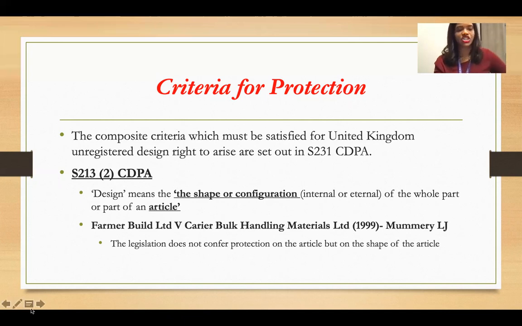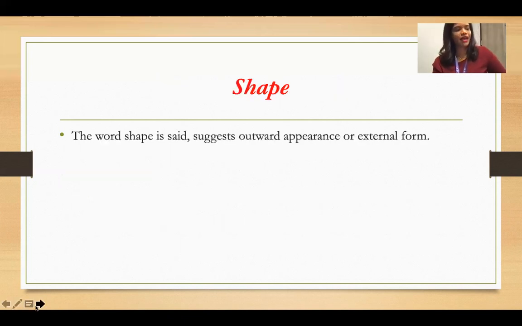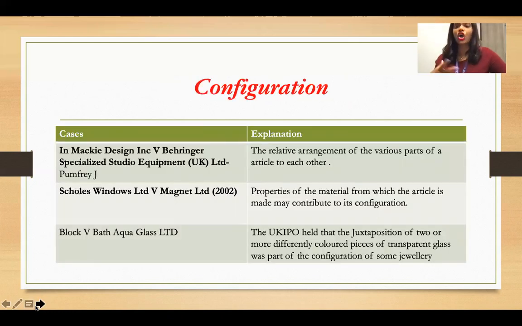And when we look at shape, it is anything that is external. When we talk about configuration, what is configuration all about? Configuration is all about how you have arranged everything into a pattern. You have various parts of an article, and you have arranged them, configured them.